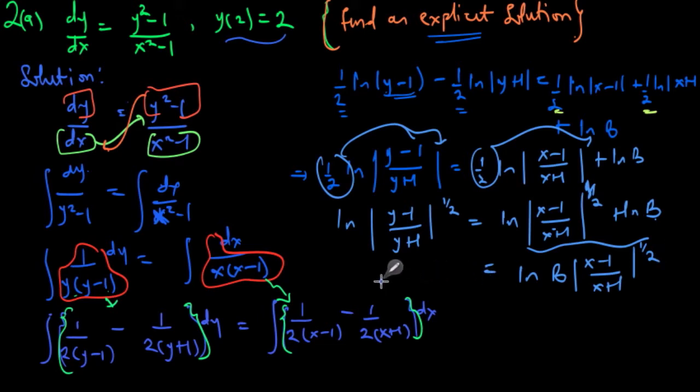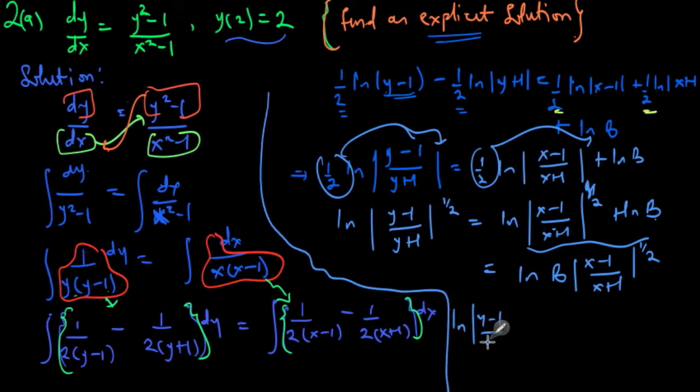So what we have is ln of (y minus 1) all over (y plus 1) to the power half equals the ln of b into (x minus 1) all over (x plus 1) to the power half. Now if the ln of this equals the ln of this, that simply implies that this and this are equal.